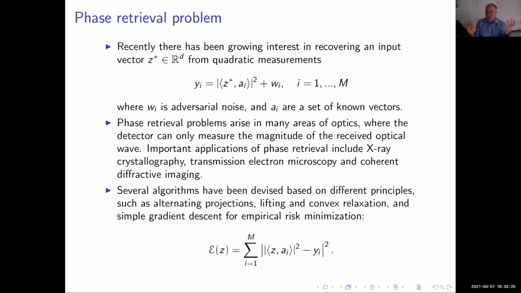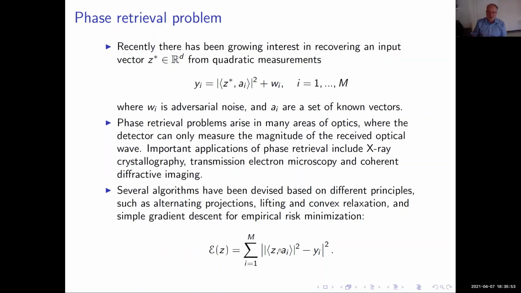And how do you do that? Well, what you do, you create this optimization cost, and you try to find the function z, or the vector z, that indeed minimizes the distance between the observed measurements and the scalar products with these known vectors in absolute value squared.